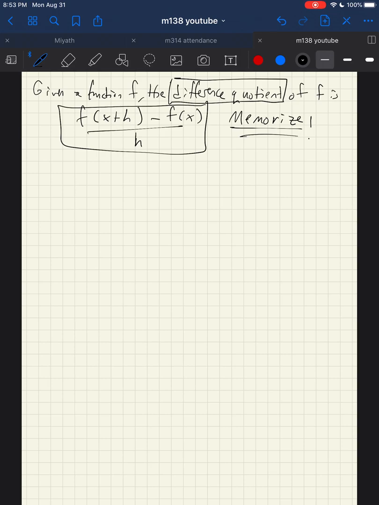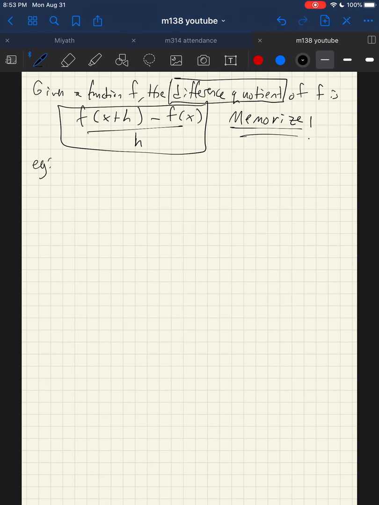It's like training wheels. After you've learned how to ride a bike, you probably don't need training wheels. However, this concept, I guess it's not really a concept here, it's just a little dinky formula, but this relates to the concept of the derivative so strongly that if you understand this, then you'll understand the derivative better, and moreover, you'll be able to use the derivative more appropriately and more powerfully.